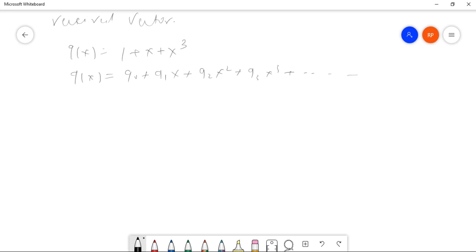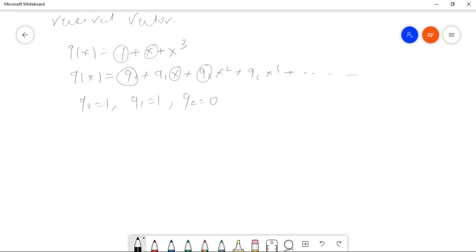As we used to do in the previous problem, g0 is equal to 1, then g1 is equal to 1 because x is there here. Then g2 is not there because x square is not there, so g2 is equal to 0.